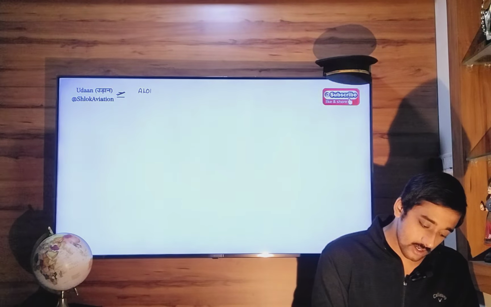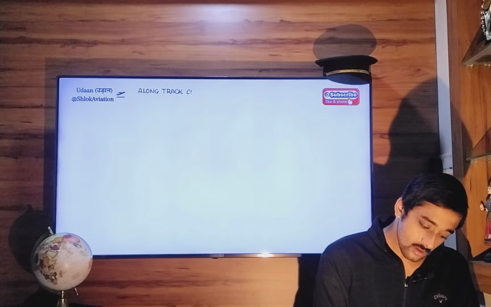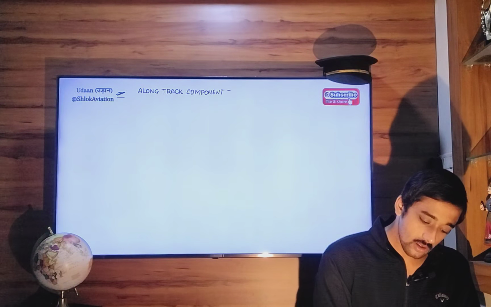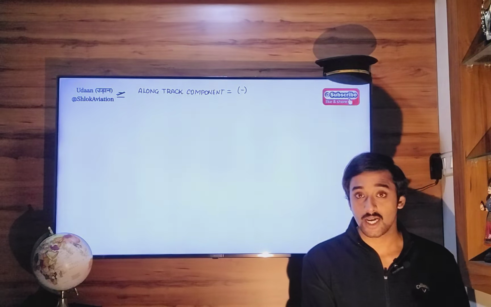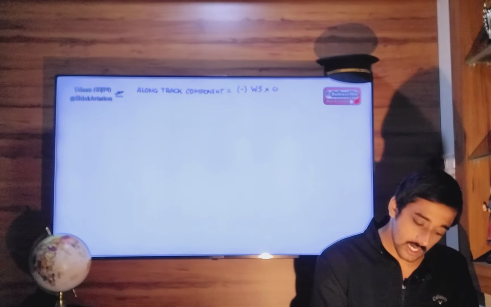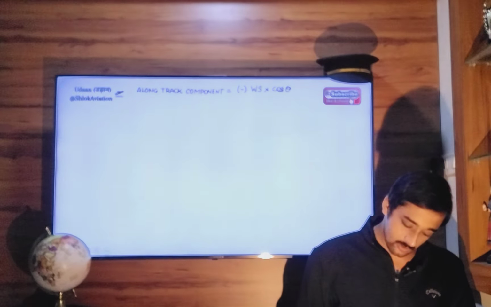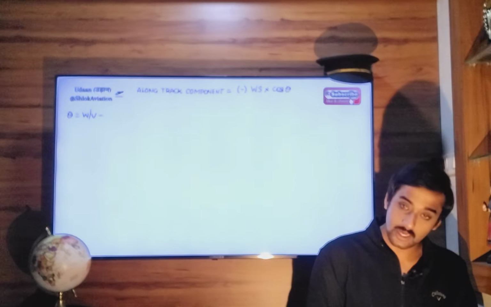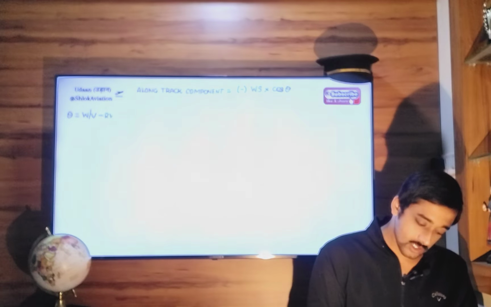So the along track component equals minus, which stands for headwind component, wind speed multiplied by cos theta. Now theta equals wind direction minus runway in use.